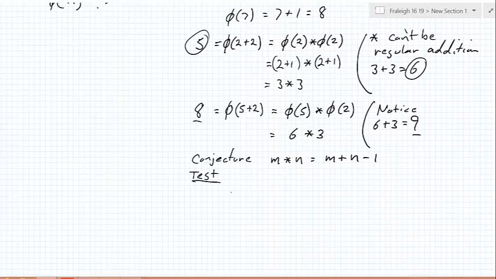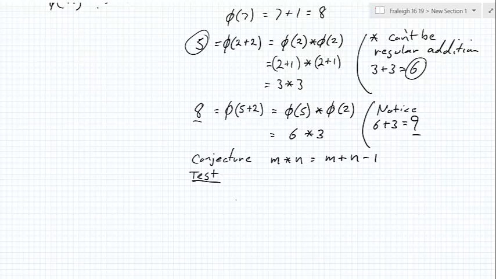Let's do phi of m plus n. We know that phi of m plus n is just m plus n plus 1.